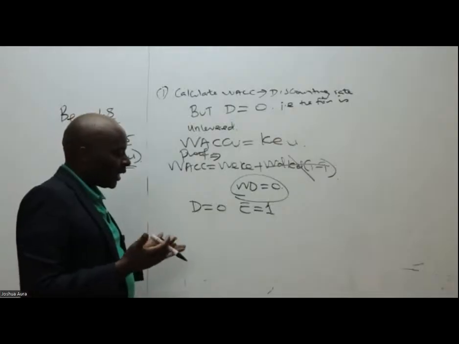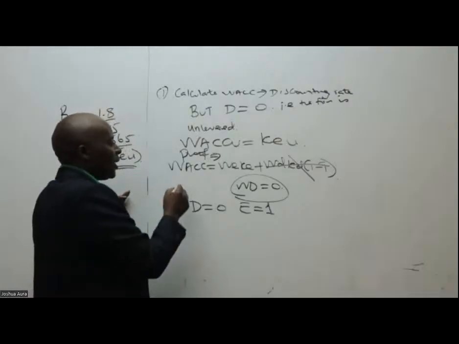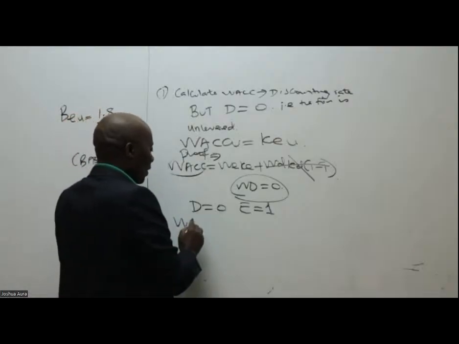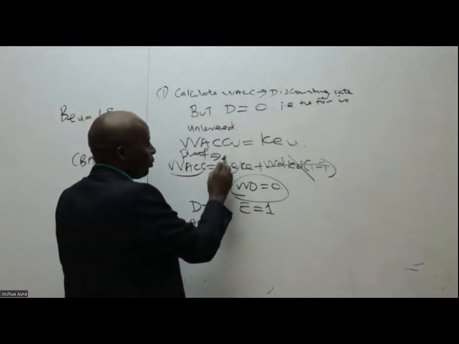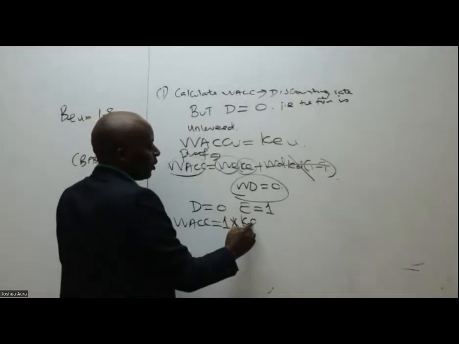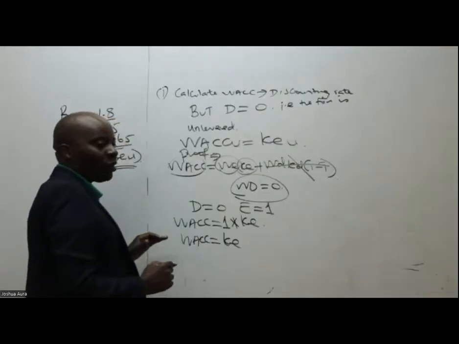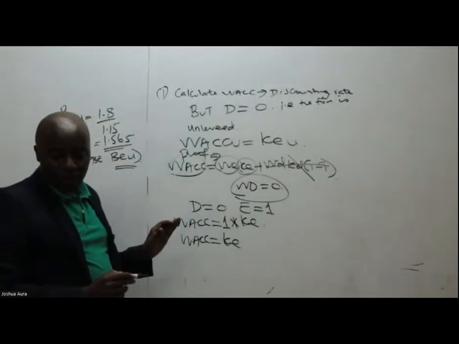So our WACC will be equal to weight of equity, which is 1, times cost of equity. So our WACC will be equal to cost of equity for unlevered organizations.